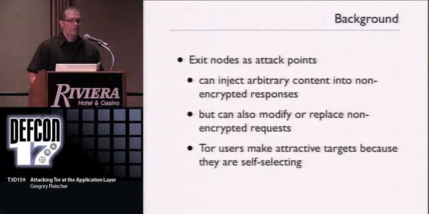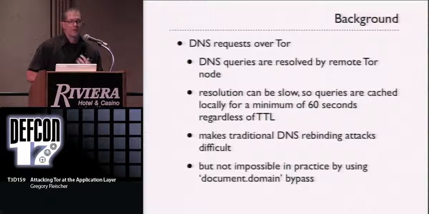Tor users make an attractive testbed for man-in-the-middle attacks. We've all heard that people will come up with some thesis and test it on Tor users. It's like, we are able to break SSL and use this number of Tor users or something else. And Tor users are self-selecting, so only people that are using the Tor network are going to be affected by your attack.